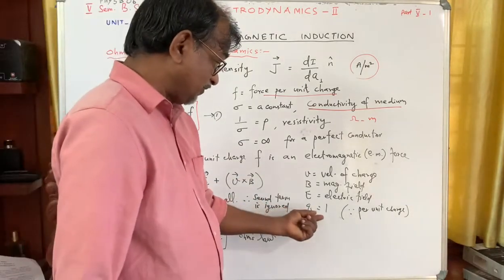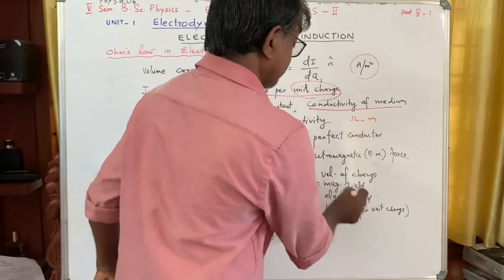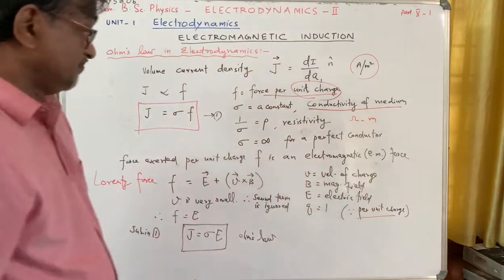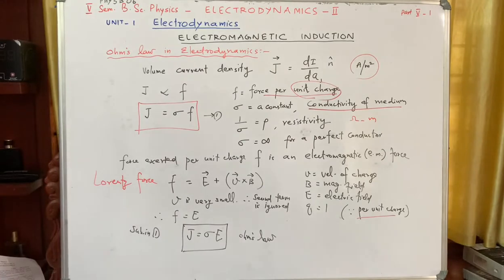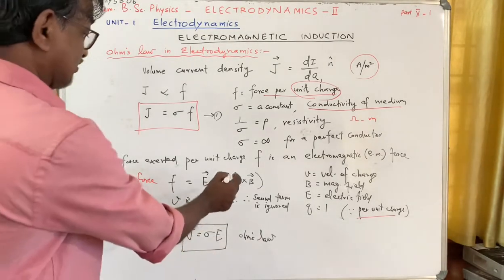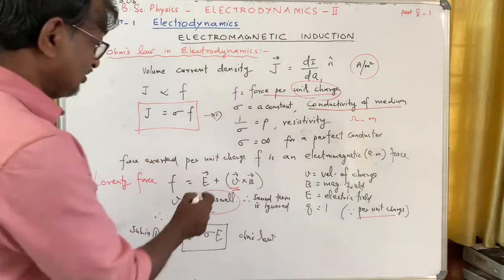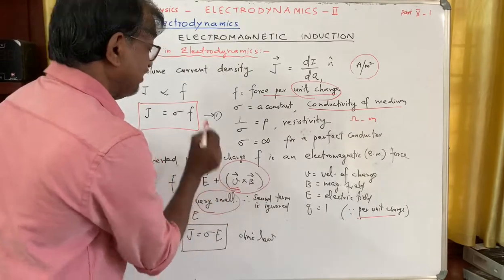Why are we taking Q equal to 1? We are considering unit charge, that is, per unit charge. And also, the quantity V is very small, so this term can be neglected.